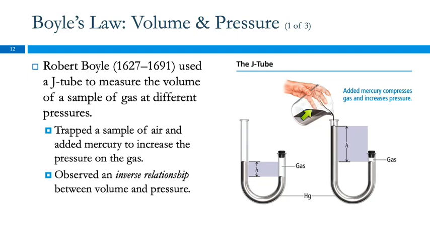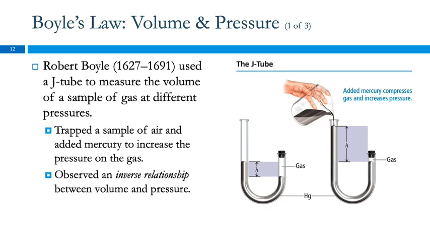So he found that if he poured more mercury in here, then that would cause the gas to squish together and the volume of the gas got smaller. The pressure of the gas increases. We see that the difference in heights here is larger. So the pressure goes up and the volume goes down.